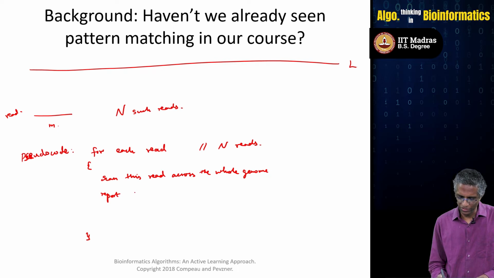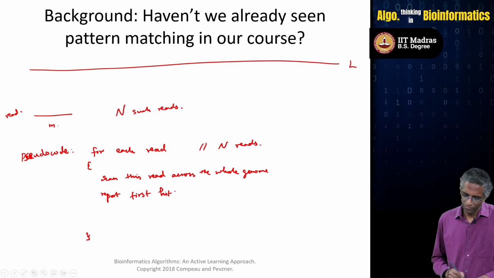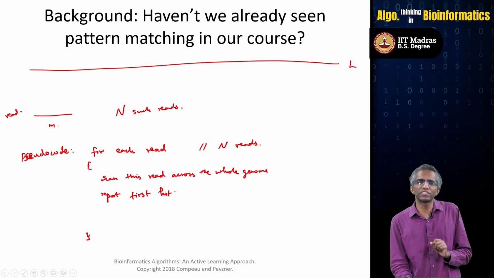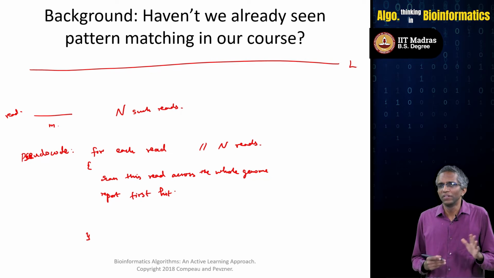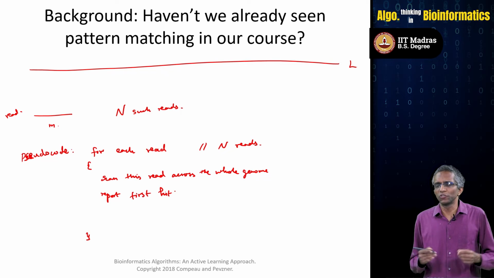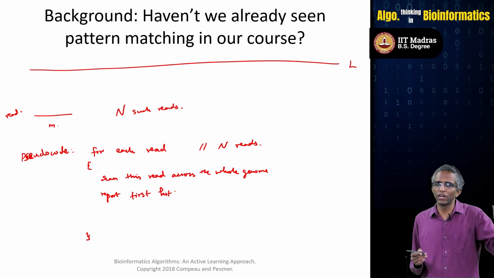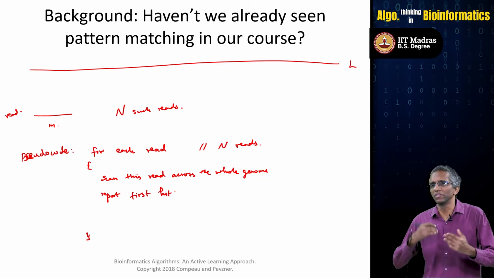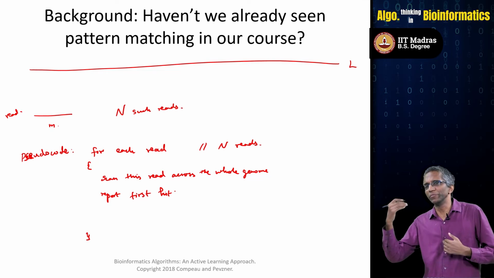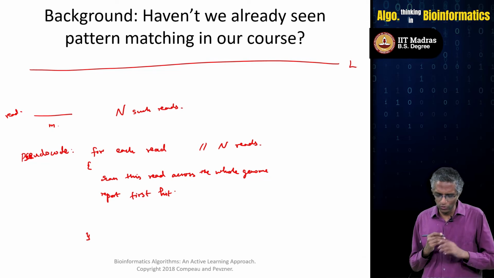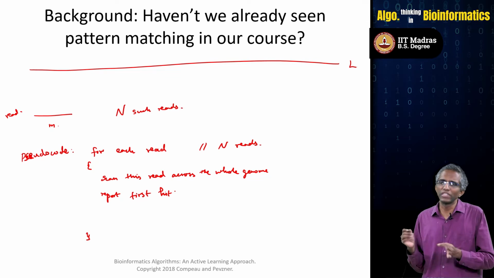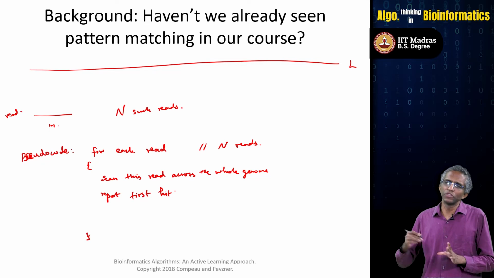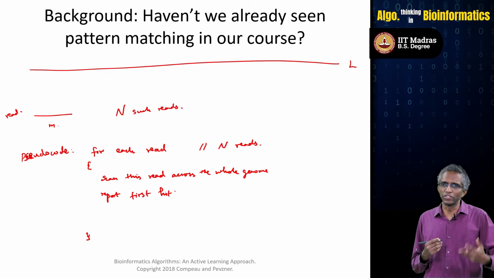Report the first hit. If it hits in multiple places, maybe you want to report it. If it hits in 2 places, you may report that with confidence score half: it maps to the first position with confidence score half, and to the second position with another half. But for now, let's just assume that even if it hits multiple positions, we are always going to report the first hit.